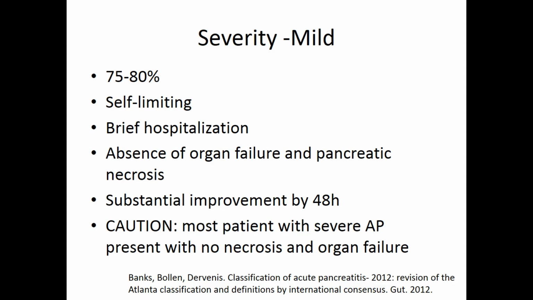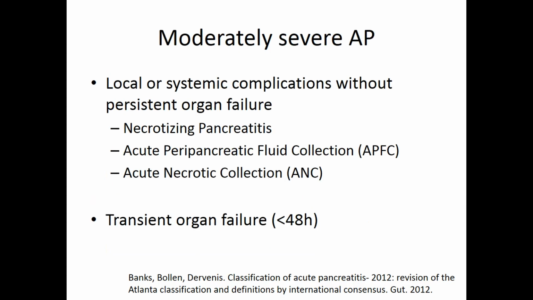They improve substantially by 48 hours. You have to be careful though, because most patients with severe acute pancreatitis will initially present as mild cases. So you have to follow your patient closely and make sure they evolve the way you want them to.